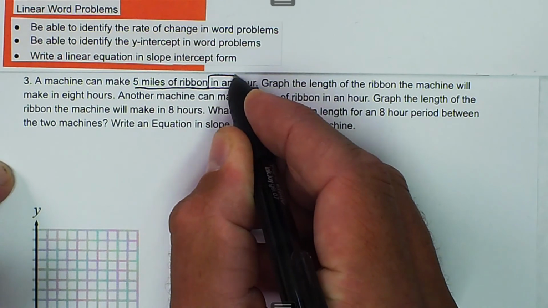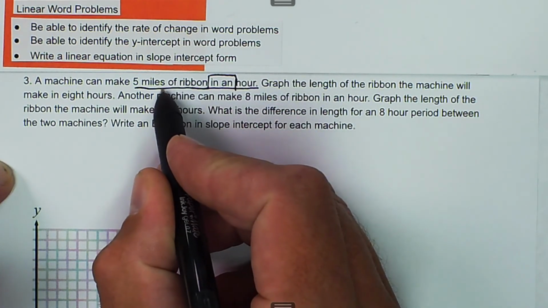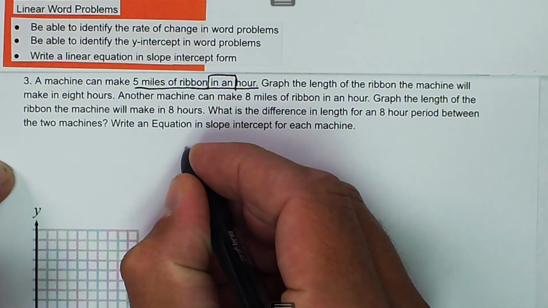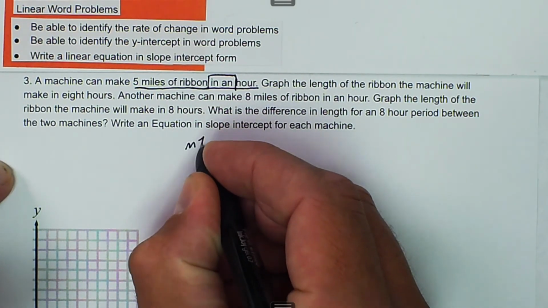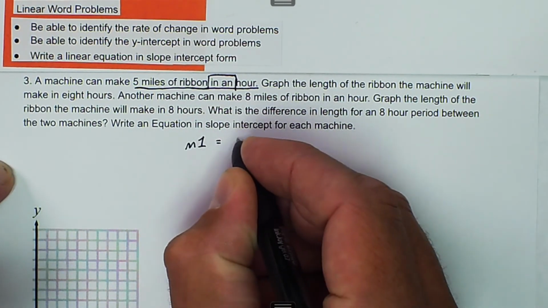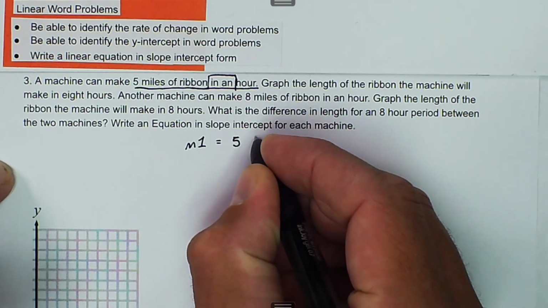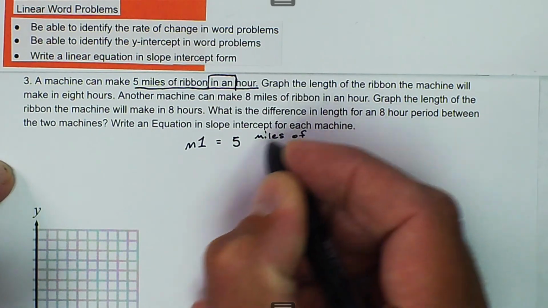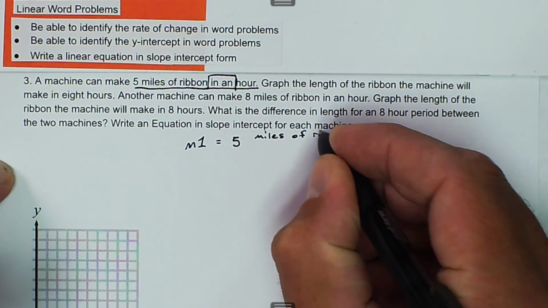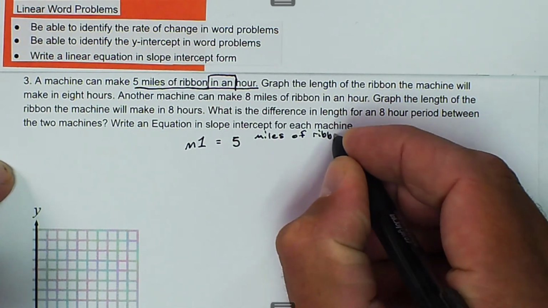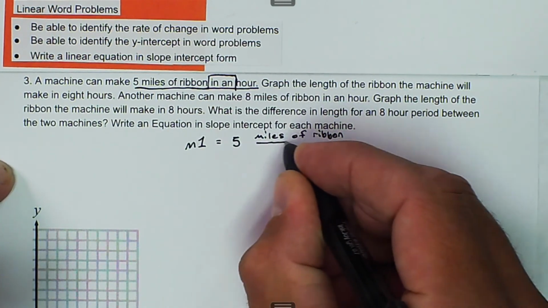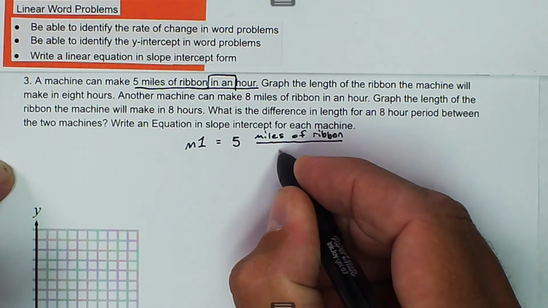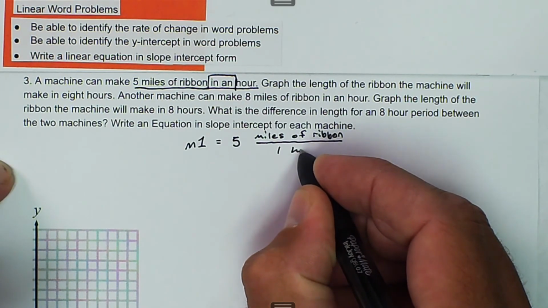So we have 2 units, miles of ribbon in an hour. So that's going to be, we'll call that the slope of machine 1, and that's going to be equal to 5 miles of ribbon in 1 hour.